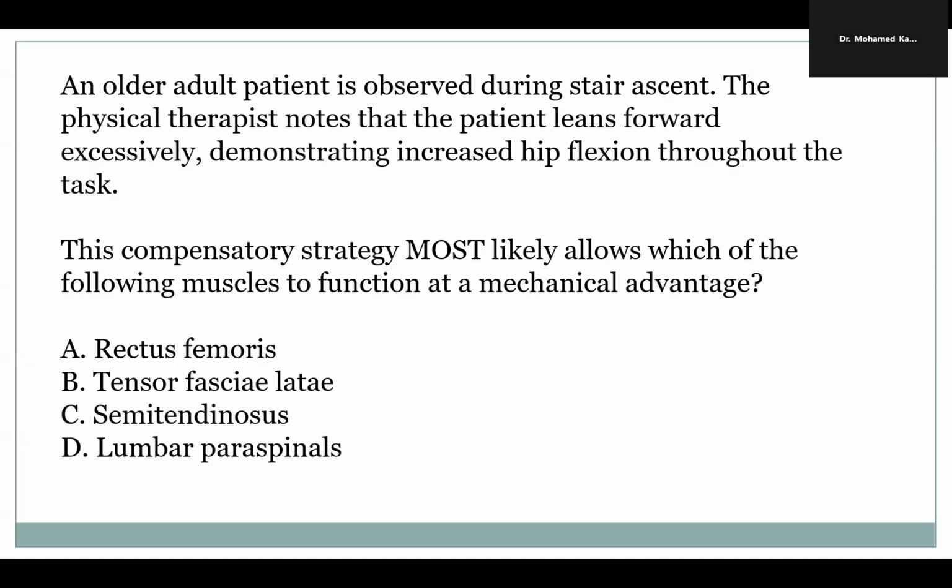You know, in PT license exams, they don't ask you about the origin or insertion or something like that. Here we are talking about functional activity, and they are interested to know if you understand the function of each muscle. So which one is the answer for this question?